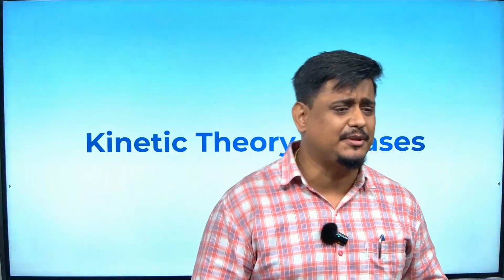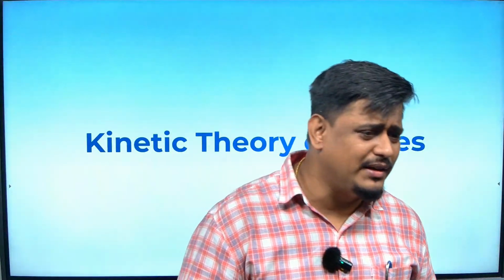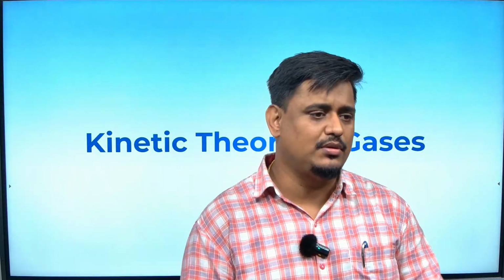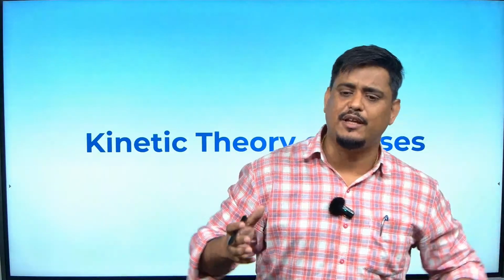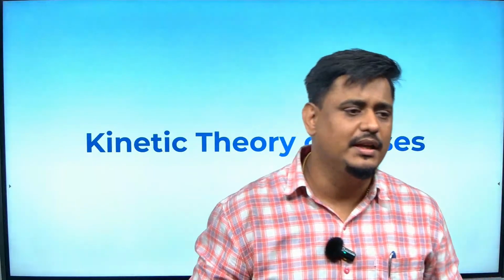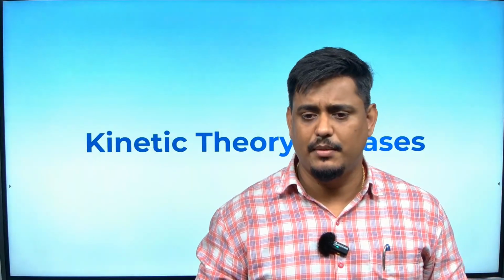After that, we learned about Newton's law of cooling, conduction, convection, radiation, and all these things. In thermodynamics, we learned mainly about what is system, what is surrounding, thermodynamic variables, thermal equilibrium, thermodynamic equilibrium, and the zeroth law of thermodynamics, which told us that if two bodies are in thermal equilibrium with a third body, then they are also in thermal equilibrium with each other.